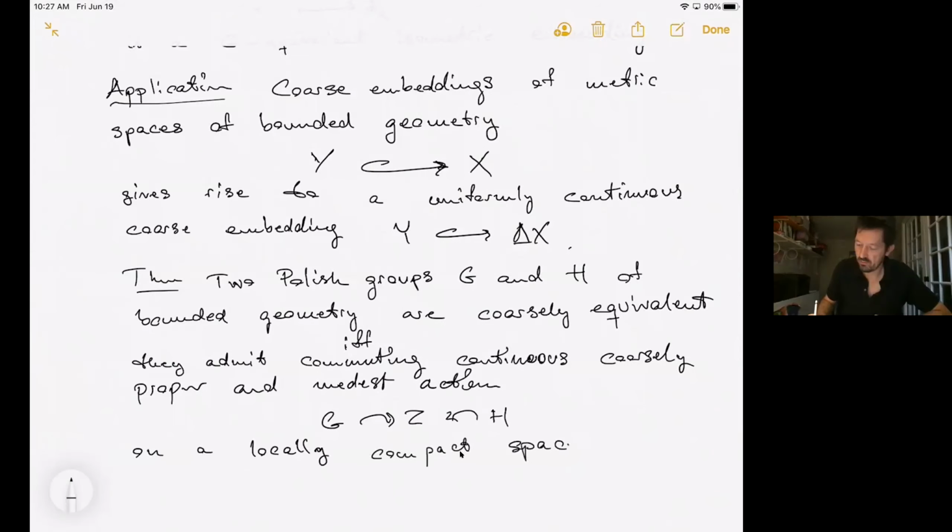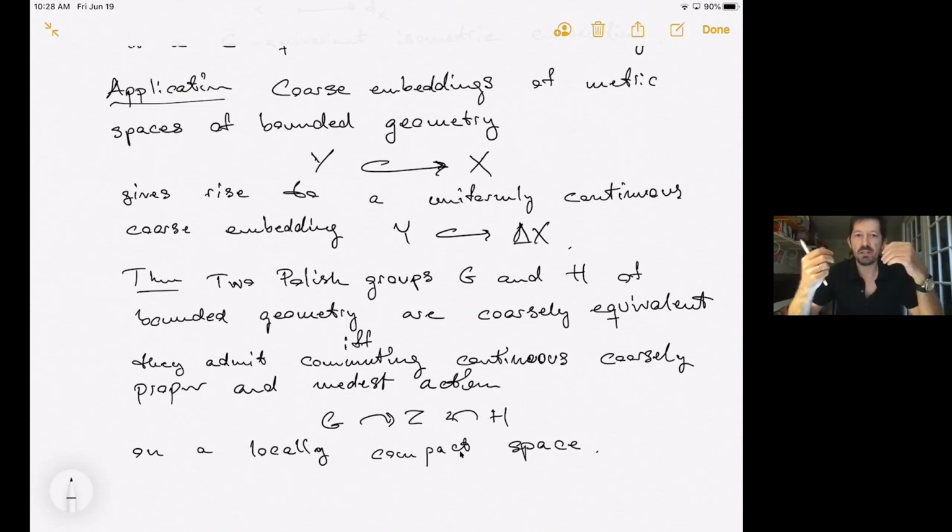I won't spend too much time on the formulation here. I think I can explain the motivation. When you do nonlinear geometry of Banach spaces or geometric group theory, you end up with notions of equivalence between groups or Banach spaces which involve discontinuous maps, such as coarse equivalence or coarse Lipschitz equivalence, or whatever you want to call it.